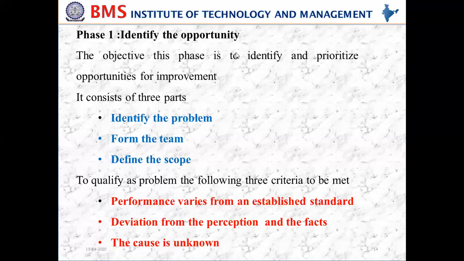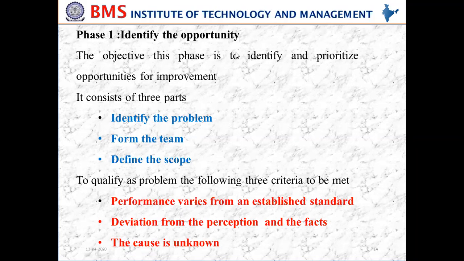First of all, identify the problem. How can the problem be identified? What makes you say it is a problem? To qualify as a quality problem, the following three criteria have to be met. First and foremost is performance.